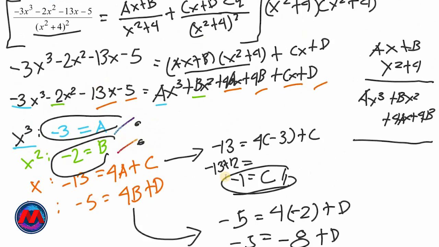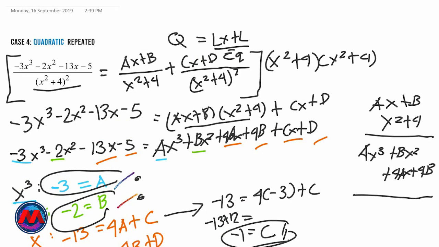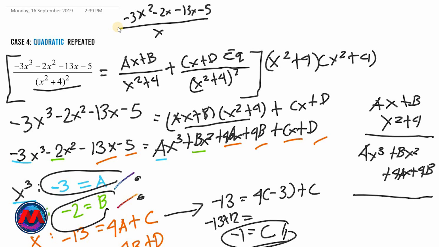So, ngayon, ilapat na natin siya sa equation. Negative 3x squared minus 2x minus 13x minus 5 over x squared plus 4 squared. A natin is negative 3. That's negative 3x plus b. Ang value ng b natin is negative 2. So, negative 2 over x squared plus 4.